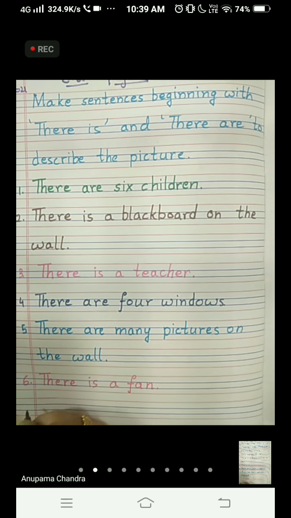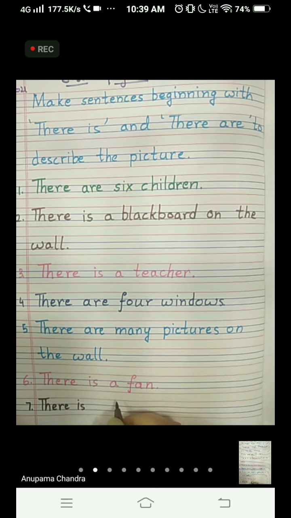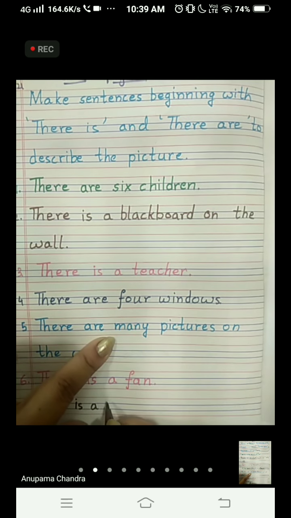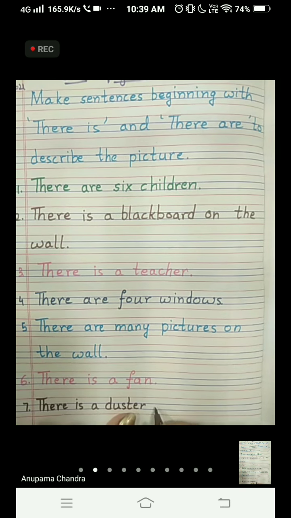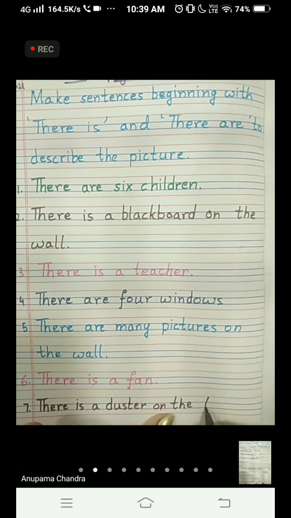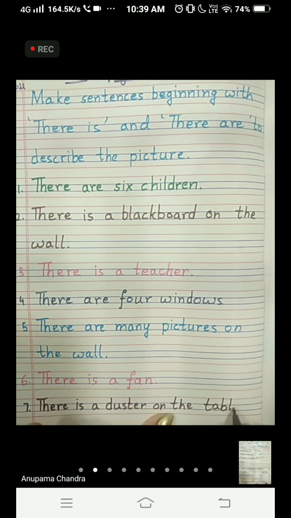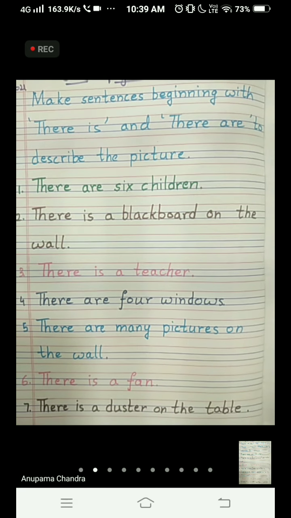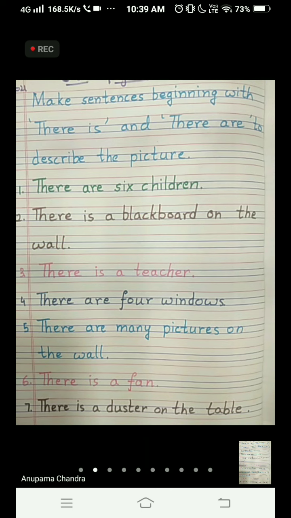Number 7 is, there is a duster on the table. Okay. So, how many duster is there on the table? Only one.